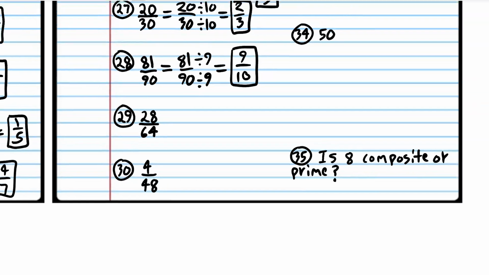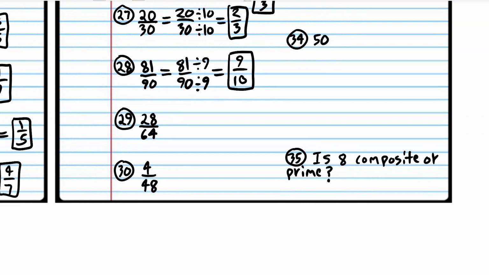All right, now for number 29, let's see here. I think for number 29, we're going to go into some fractions where, like I said, we have to reduce with multiple steps. But I'm going to show you a slightly different way to do this. It's called factoring.